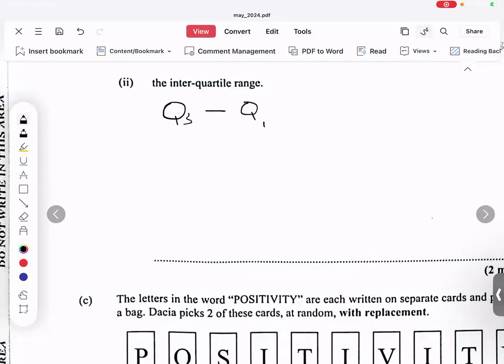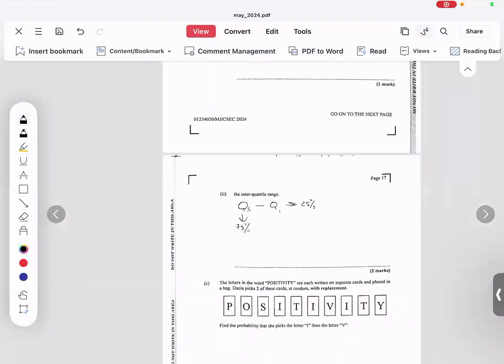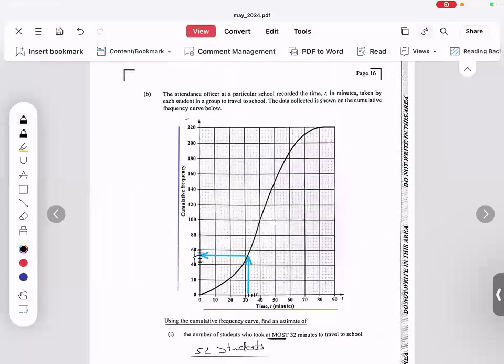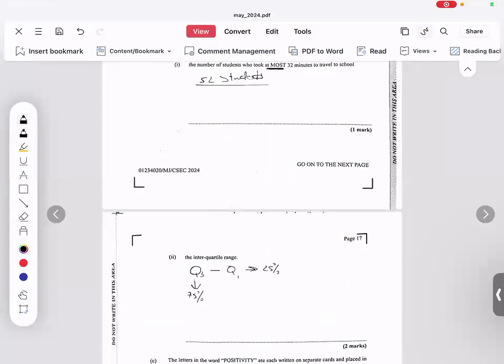Q3 minus Q1. Now, Q3 is known as 75% of the data, and Q1 is known as 25% of the data. So if you want to know where Q3 is, you're going to have to work out what is 75% of 220. So go ahead, guys, and work out what is 75% of 220.